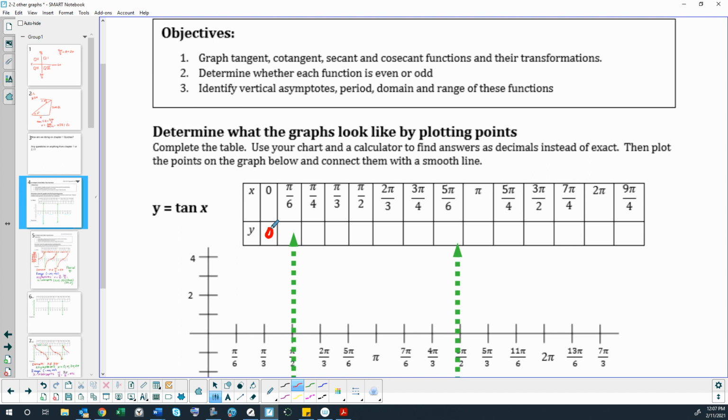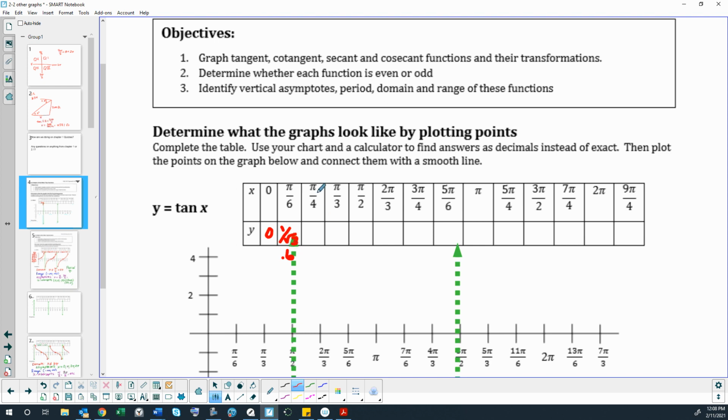I always forget which one's which, but it's 1/2 over square root of 3 over 2. So it would be 1 over square root of 3, which as a decimal is 0.57. This is very approximate. We'll just call it like 0.6.